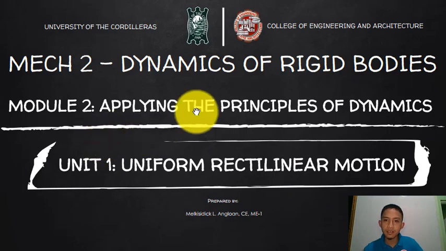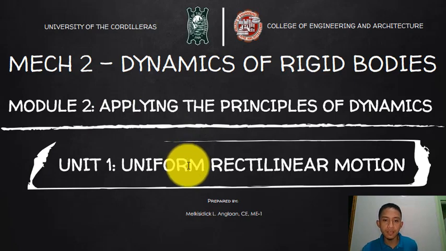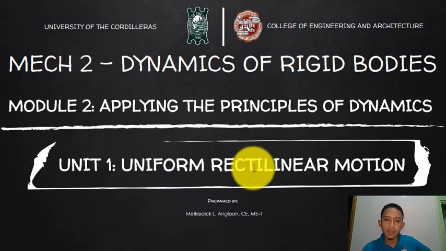So we are done with our last discussion of Module 1, so we will now proceed with Module 2. In this Module 2, we will be applying the principles of dynamics. Under this module, we will have Unit 1, in which we will be discussing uniform rectilinear motion.